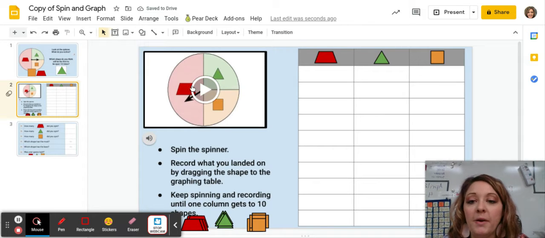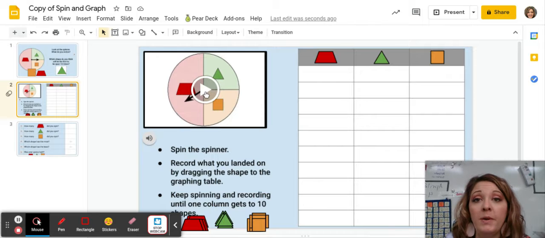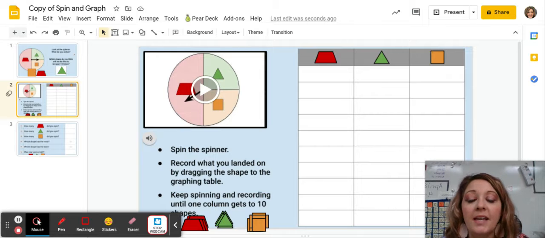All right, so here's my spinner. It has my three shapes. So I'm going to click play for my spinner to start. And then as it is going, I will stop it and see what shape it lands on.